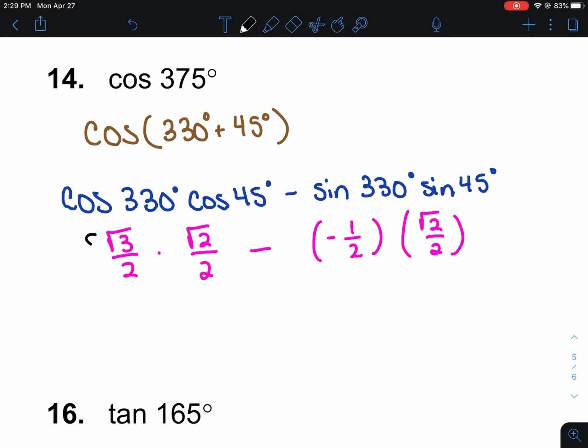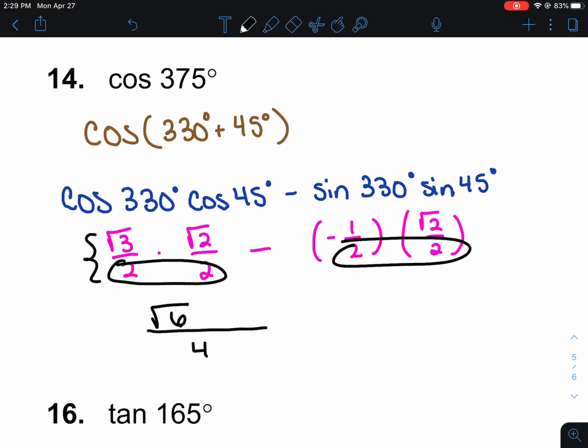And finally, we simplify. Okay, this first piece gives us the square root of 6 over 4. They're both going to give us over 4. A negative times a negative is positive. 1 times root 2. And there's our final answer.